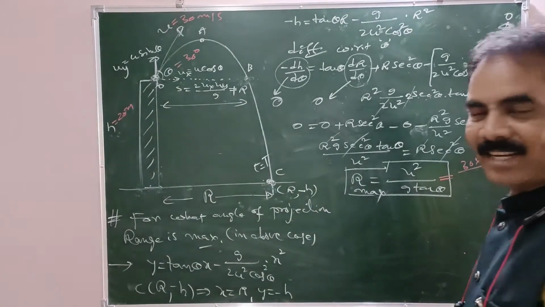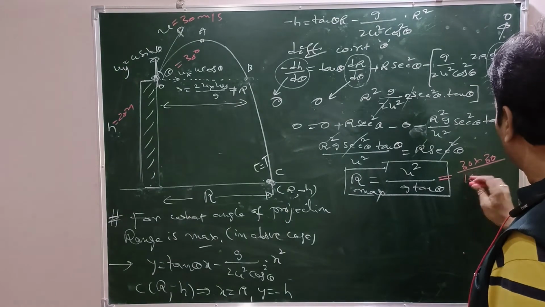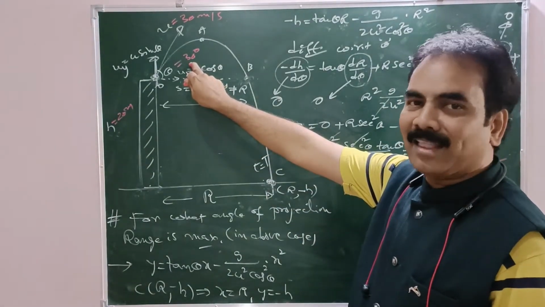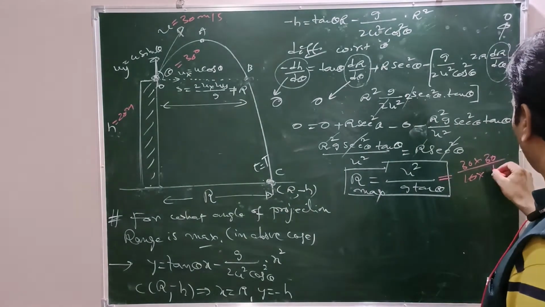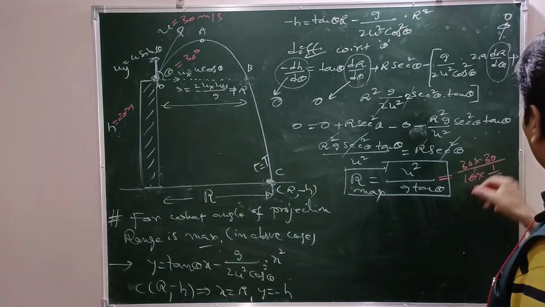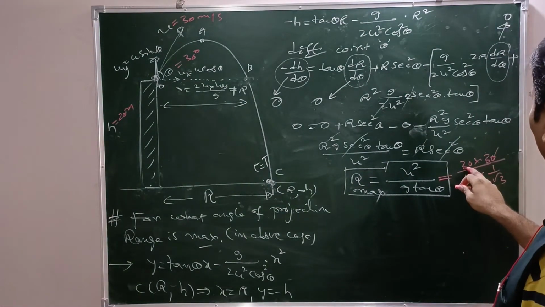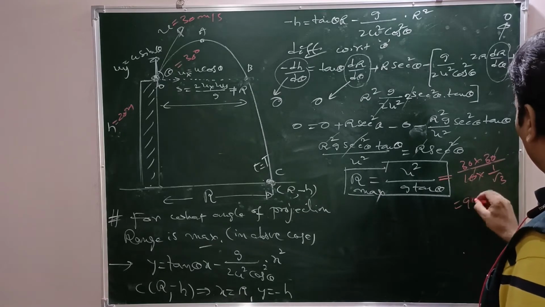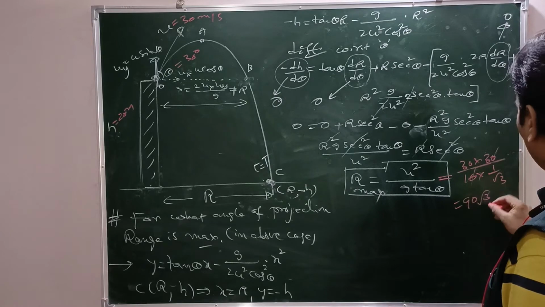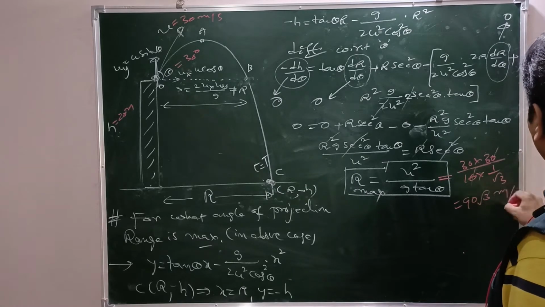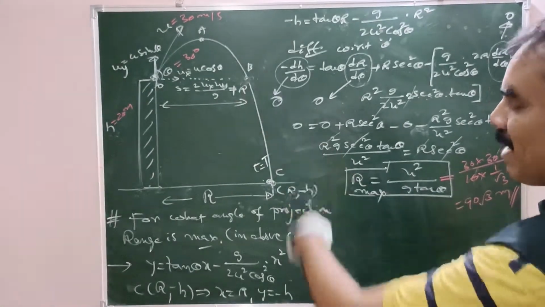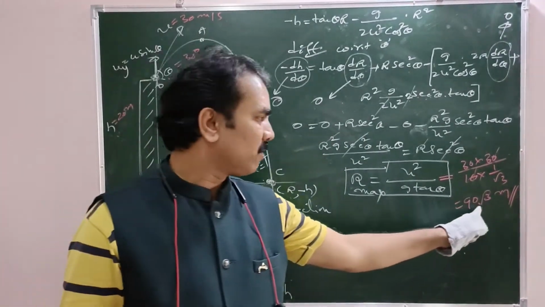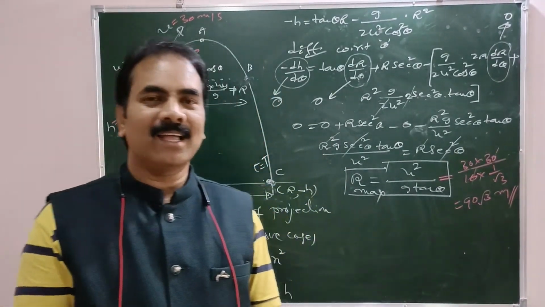For example, g is 10 meters per second square into tan 30, that is 1 by root 3. The 0 cancels, 3 into 30 is 90, 1 by root 3 times root 3, so 90 root 3. This is R max in meters. Entire values are in SI, so maximum range is also in meters. 90 root 3 is the right answer.